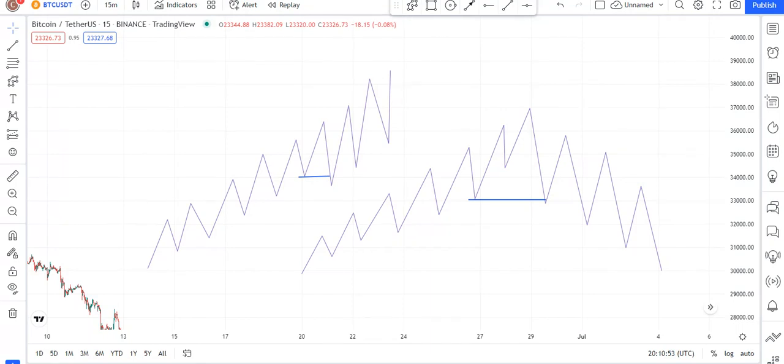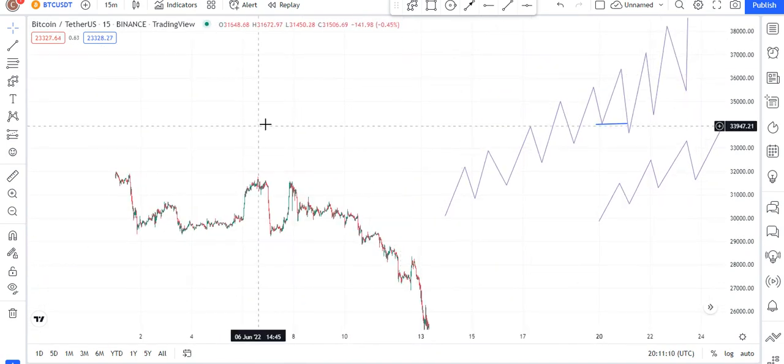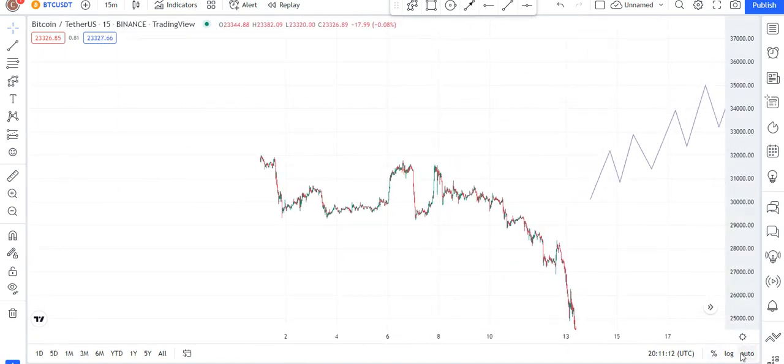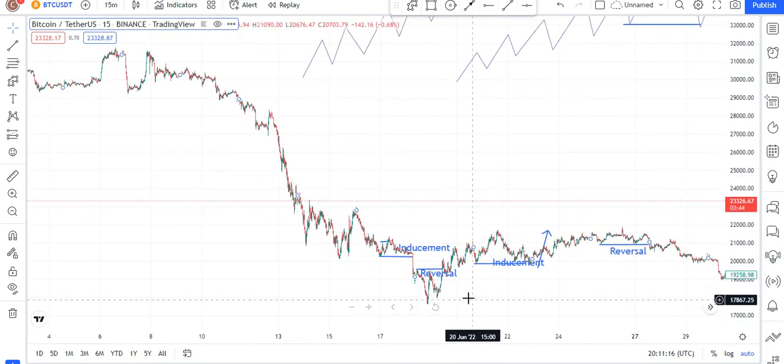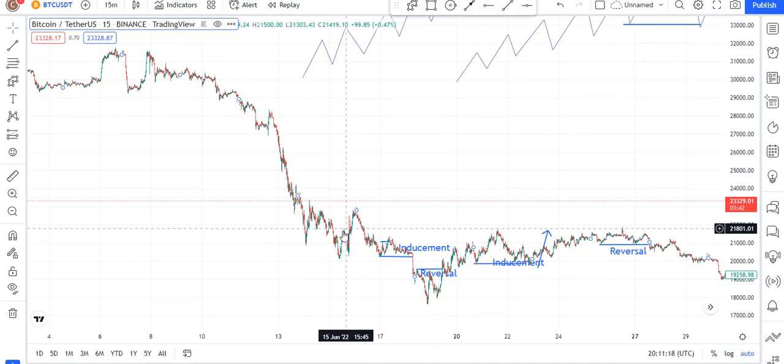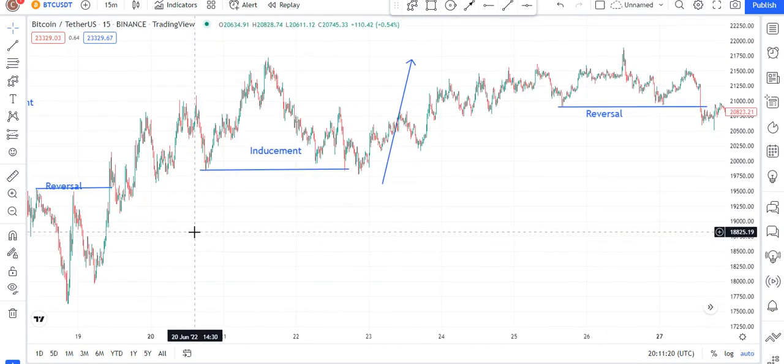Yes, exactly. So what you basically do to avoid getting tricked in this situation is, number one, you look at the big picture. That is where top-down analysis comes into place. So let me put this thing in auto first, for example. If you are here, let me say you are in the 15 minutes time frame and you are trading.